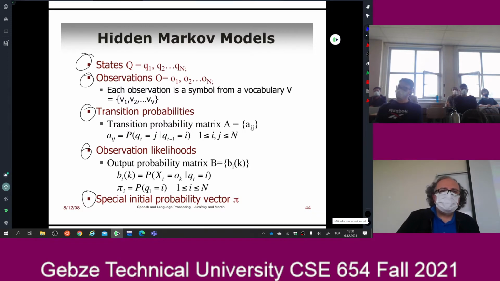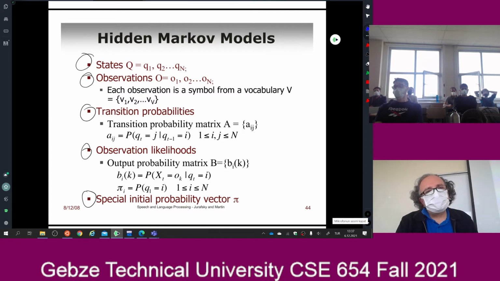So for the hidden Markov model, we should have these 5 elements. First, the states. How many states do I have? The states are actually our hidden states. We don't know what state I will be in.